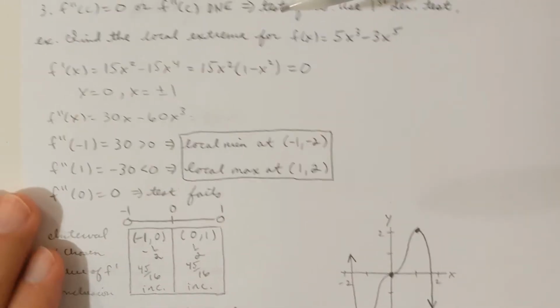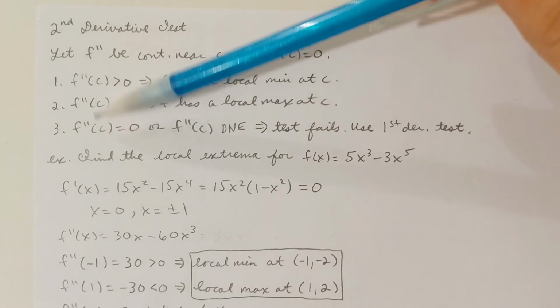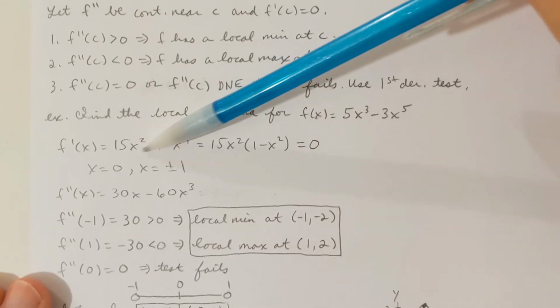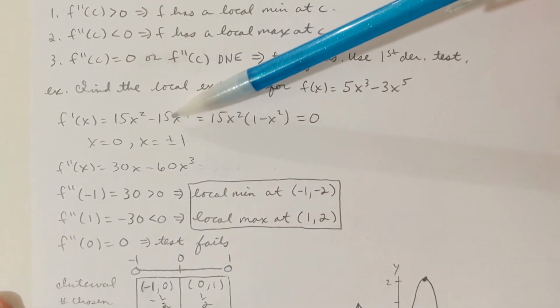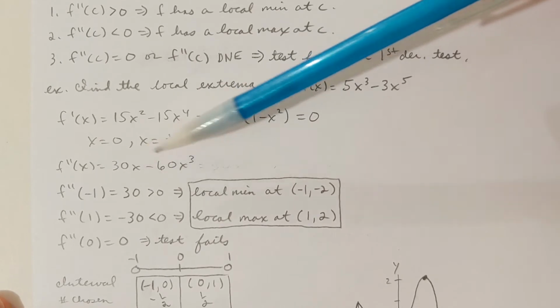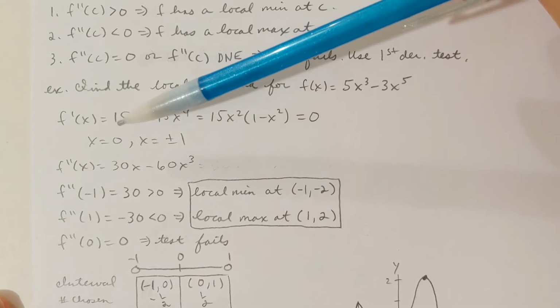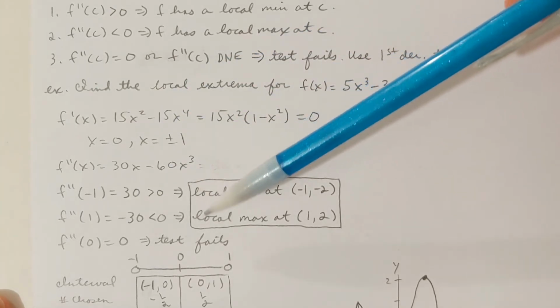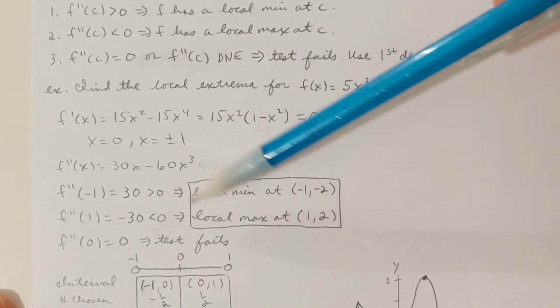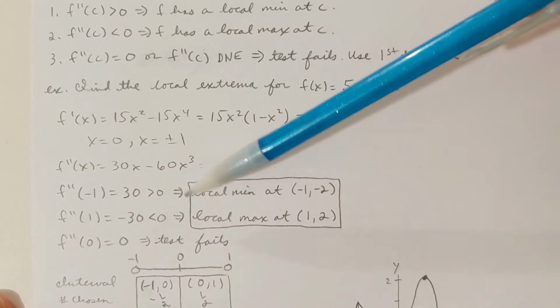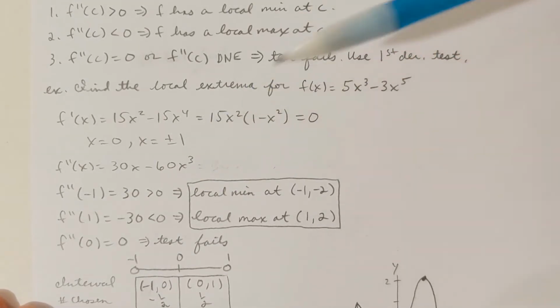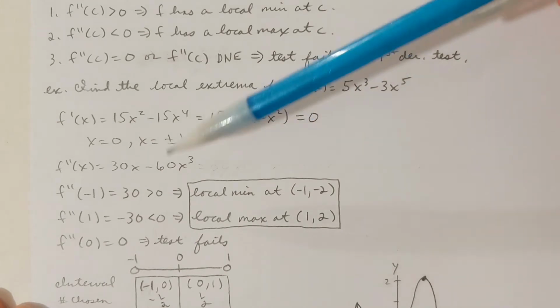Okay, now these would be my critical values. In the second derivative test, I'm supposed to plug those numbers into f double prime. Well, for f double prime, I can just use the power rule on these two terms. It's going to be 30x minus 60x cubed. Okay, so in the second derivative test, there is no chart. I was making charts in the first derivative test. The nice thing about this test is that there is no chart, but of course I still need the second derivative.